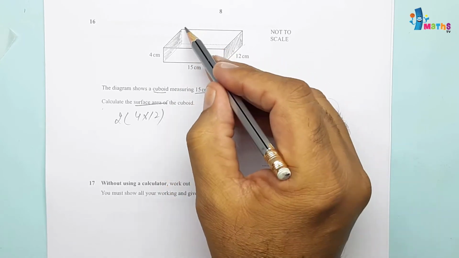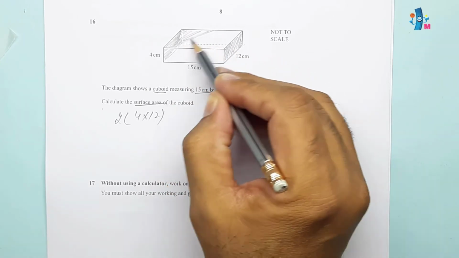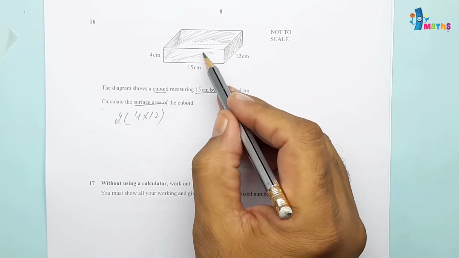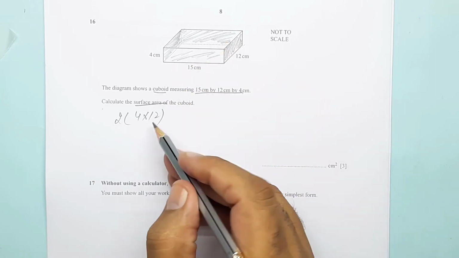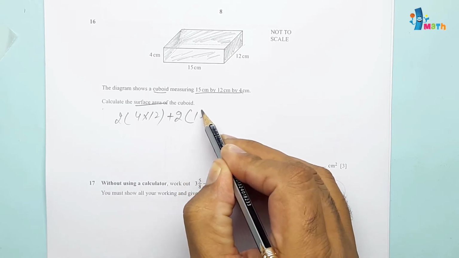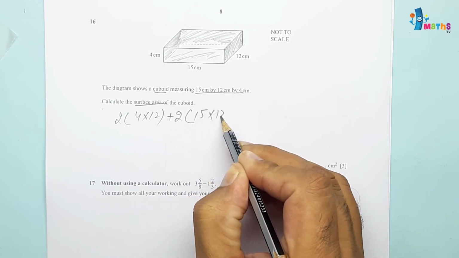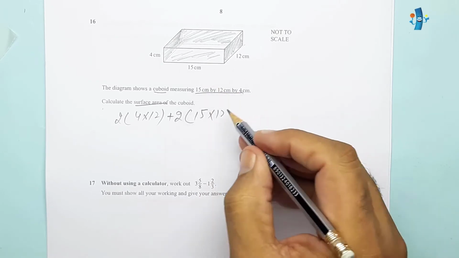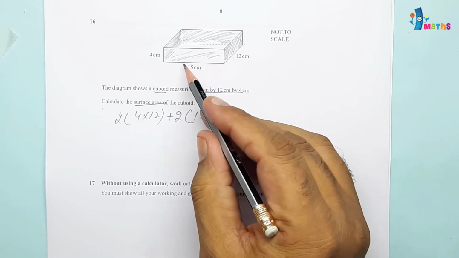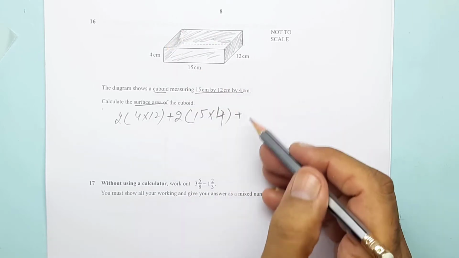And then we can take this back portion and this front portion. So we can take these two opposite sides. This will be 2 into 15 into 4 basically. And then we'll take the base and the top.